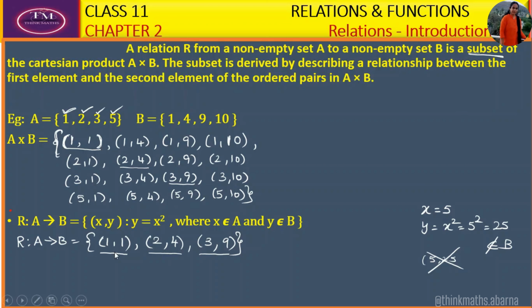So you can write: a relation from A to B is a subset of A cross B. That is, all the ordered pairs in this relation will be present in A cross B. If this condition is satisfied, the relation from A to B is a subset of the Cartesian product A cross B. I hope you can understand the basic definition of relation.